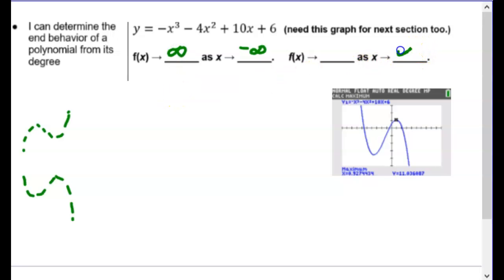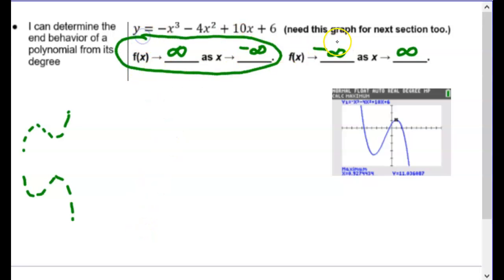And then x is positive means to the right, and that end is down towards negative infinity. As long as you have a statement with those two going together and another statement with those two going together, it doesn't matter what order. Everybody okay? And whatever it is, you can do it on the calculator to look.